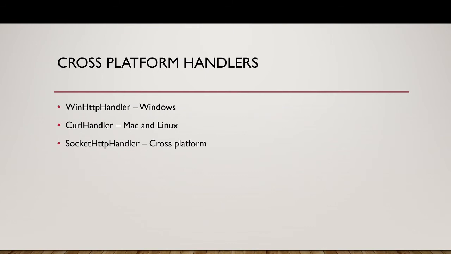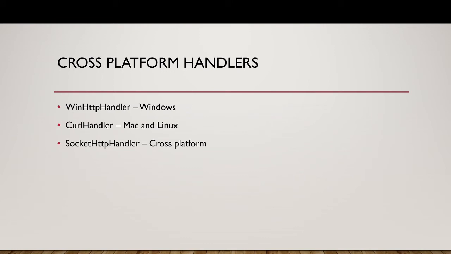When 2.1 was released, all three handlers were available, and we could make a choice between which one to use. But from .NET 5 onwards, they've got rid of the first two handlers, WinHttpHandler and the curl handler, and they're strictly using SocketsHttpHandler for Windows, Mac, and Linux.